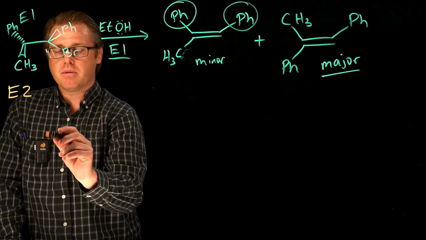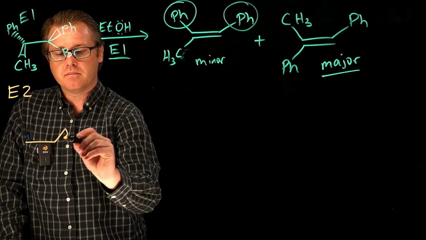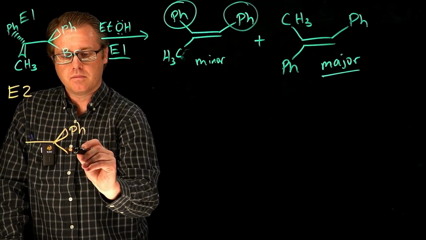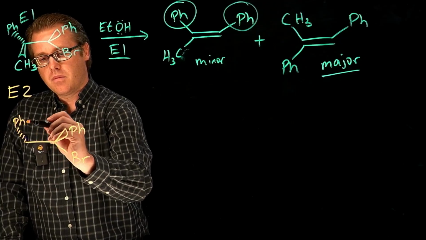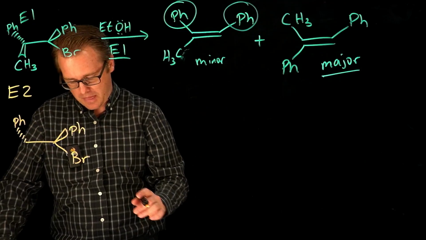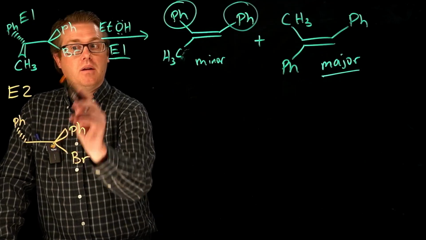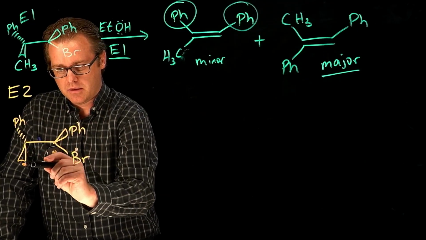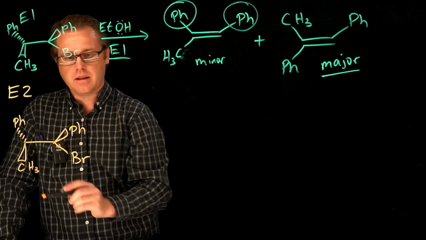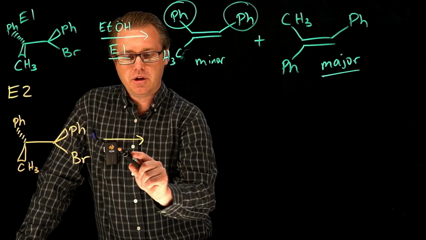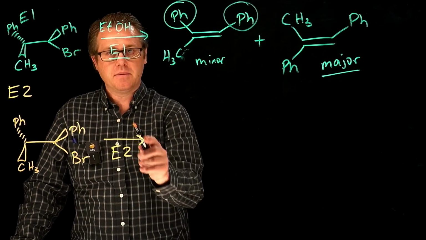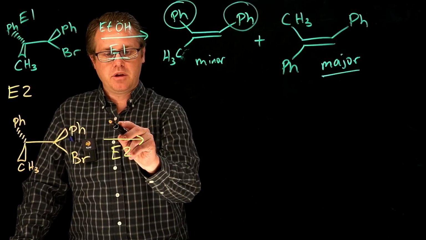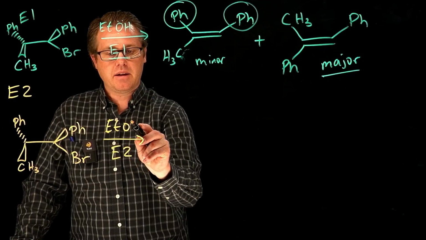So we'll start with the same molecule, like this. And what else? We need our methyl, like that. Now, if we invoke an E2 mechanism, notice what's going to be different about this. Now, we could use ethoxide again if we'd like.